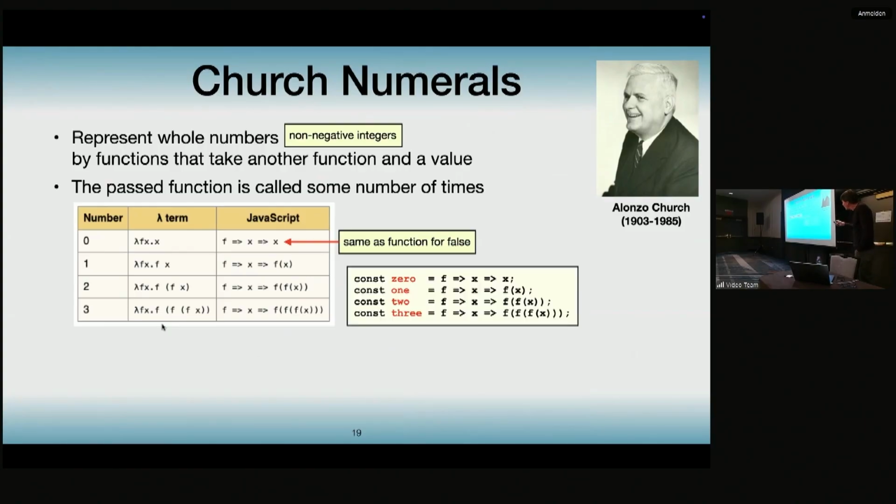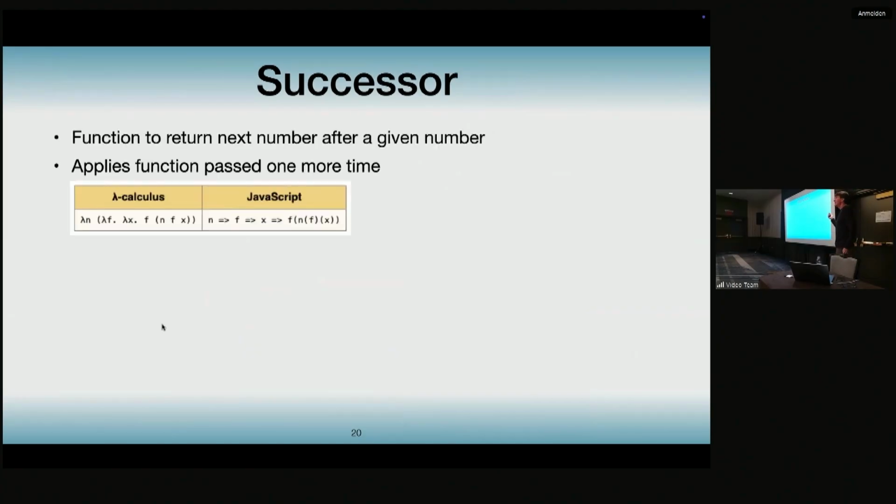And if that's the way that we're going to represent numbers, now I can start to do some interesting things, like write a function that can take 2 of those and add them together. So the first step in doing this is to be able to answer the question, what's the next number after a given number? Like if I say, what is the successor of 3? It's 4. So how could I write a function that does that for me?